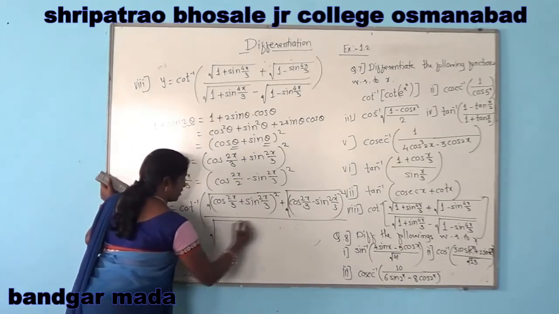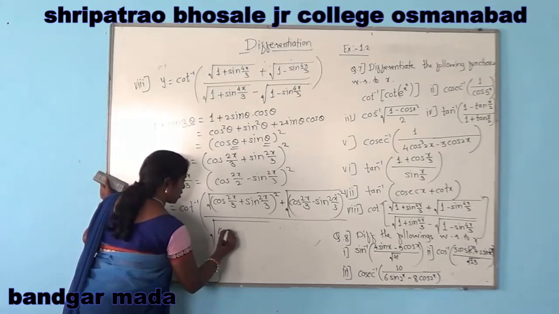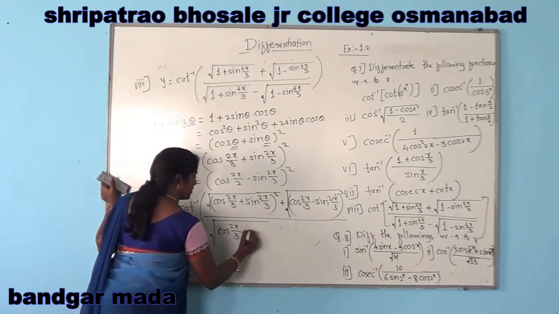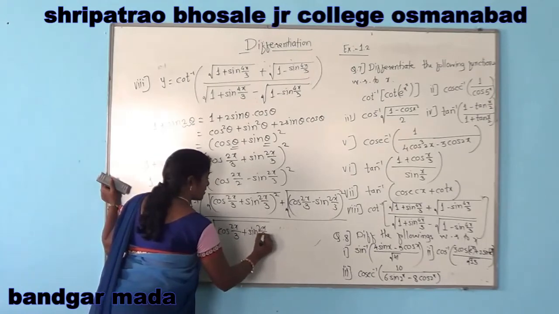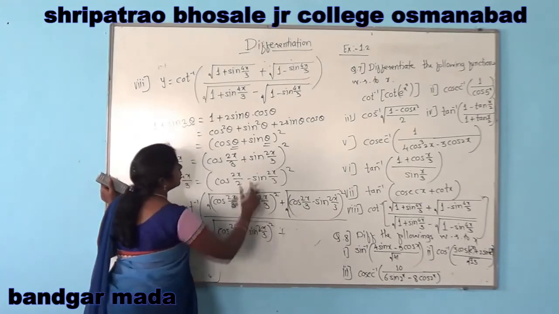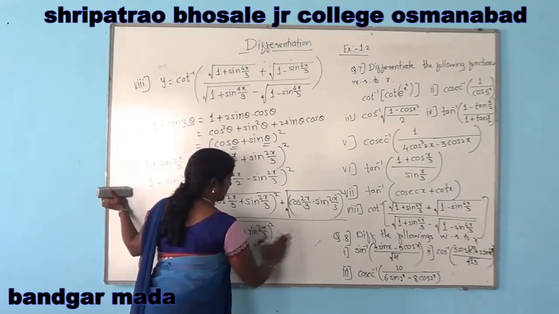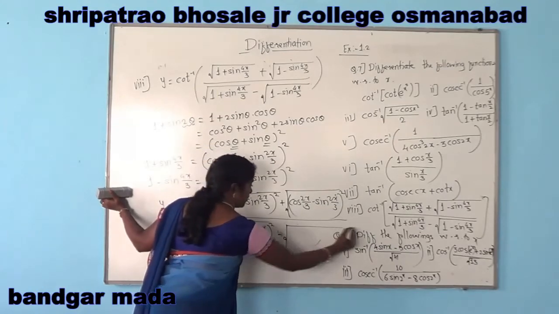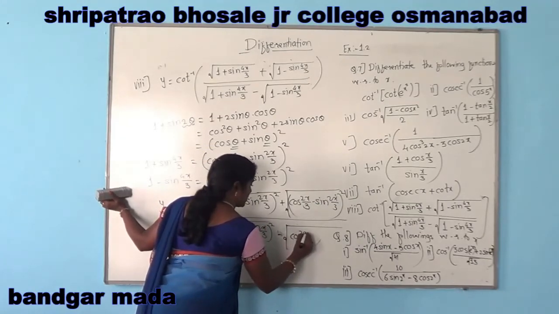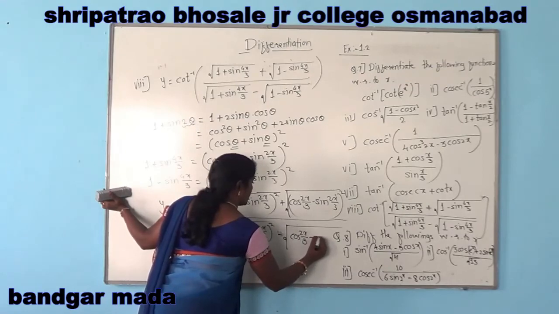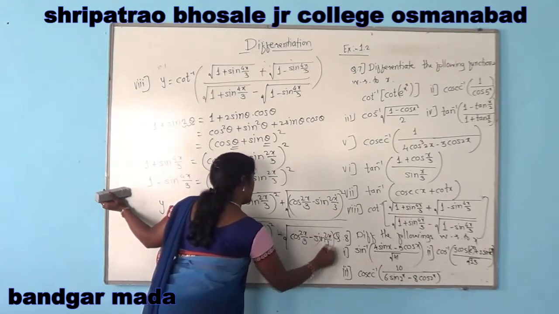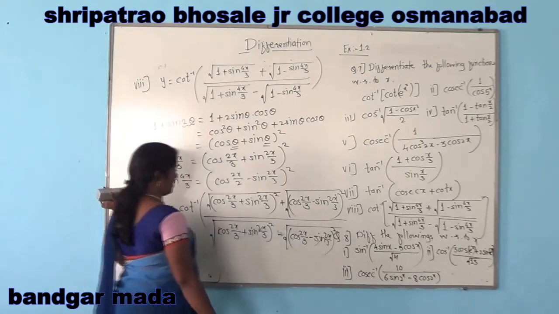Denominator: under root, (cos 2x/3 + sin 2x/3) whole square, minus under root, (cos 2x/3 − sin 2x/3) whole square.